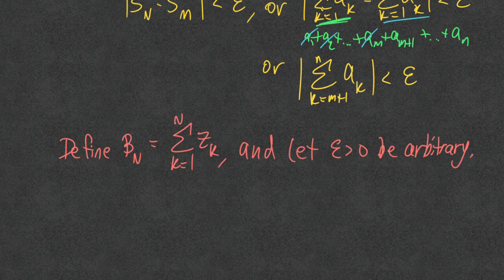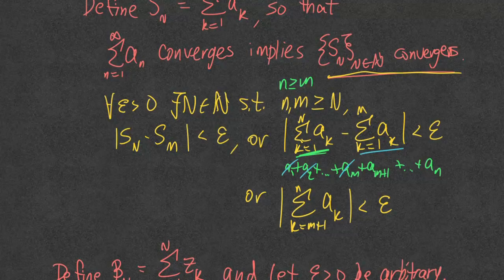Okay, so we essentially want to show that there exists some sort of threshold. Well, what should that threshold be? Well, let's just look above, and we already have that threshold here.